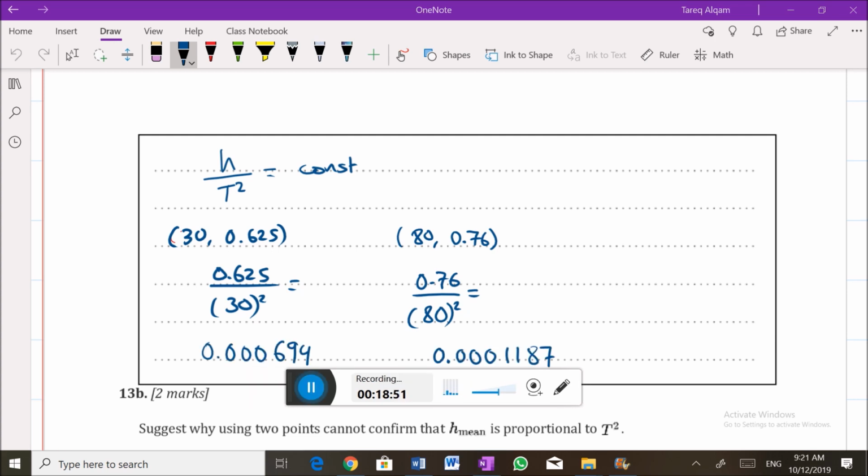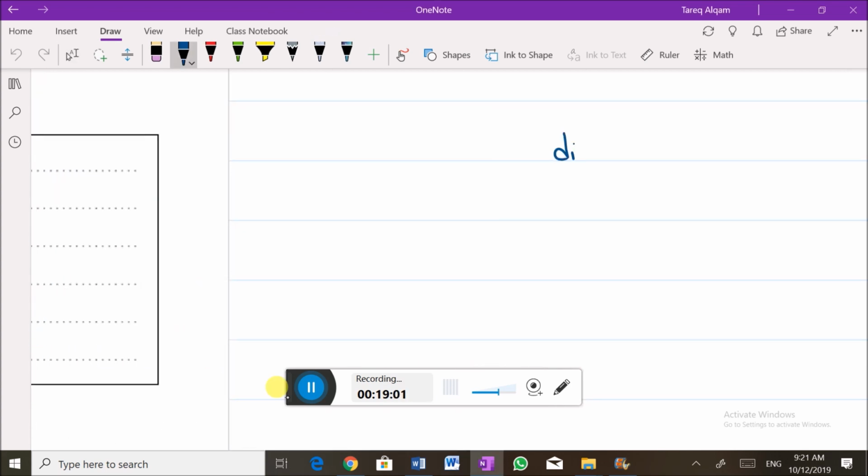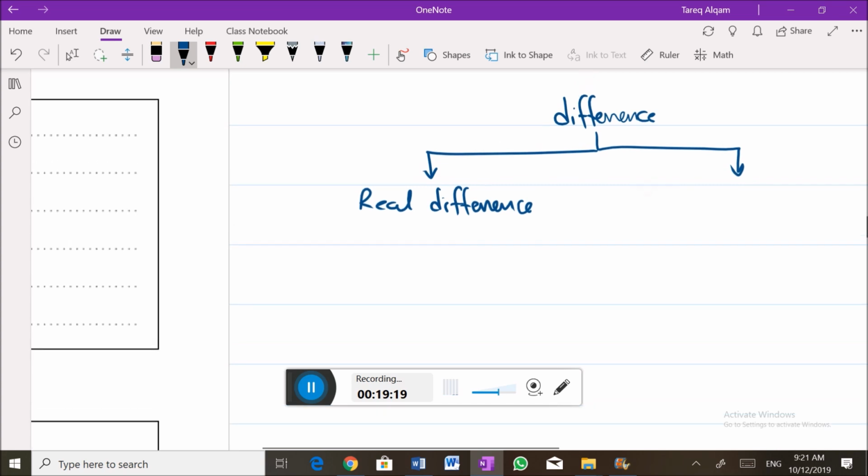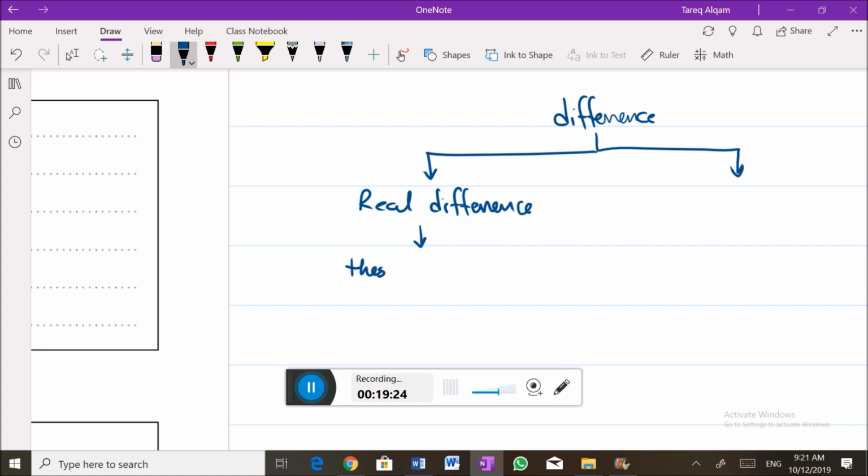Now, if I want to judge if these values are constant or not, or could be constant, the difference between these two values can be either a real difference, so if it's a real difference, these values are not constant.